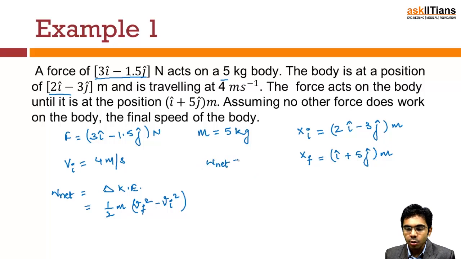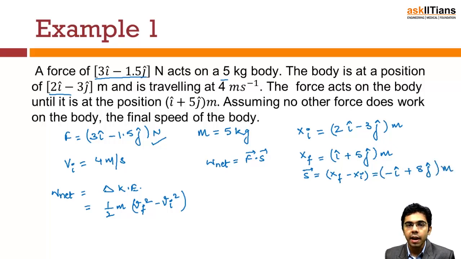Net work done is equal to, since the force given to us is a constant force, force dot S, where S vector is x f minus x i. That means the net displacement. So we are going to get minus i cap plus 8 j cap, this many meters.